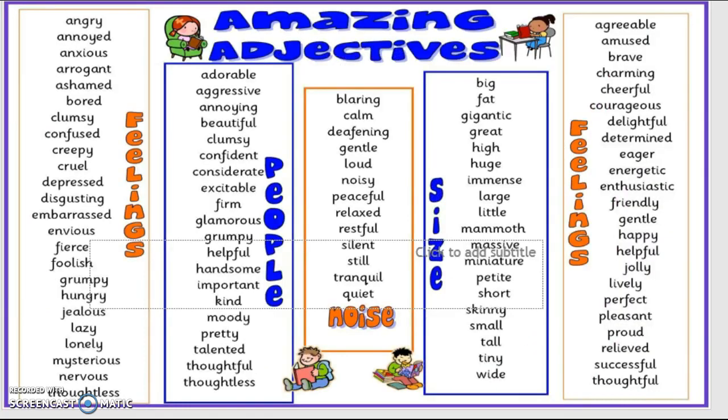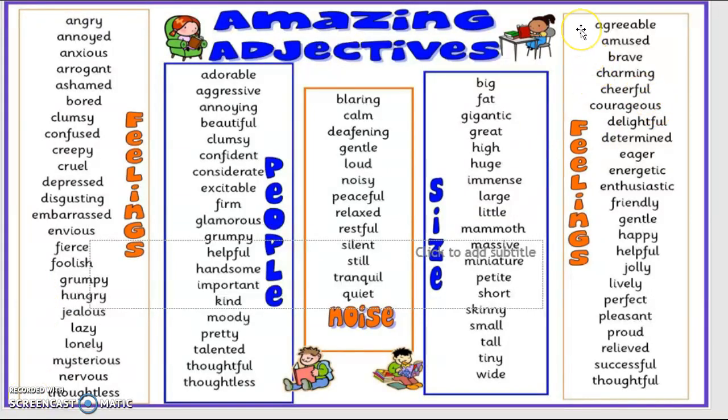Here is a diagram showing us lots of options for adding adjectives to sentences. If you look here, feelings is two of the topics. The left side and the right side both have feelings. We have angry, annoyed, anxious, arrogant, ashamed, bored, clumsy, creepy, cruel, depressed, disgusted, embarrassed, envious, fierce, grumpy, hungry, jealous, lazy, lonely, mysterious, nervous, thoughtless.